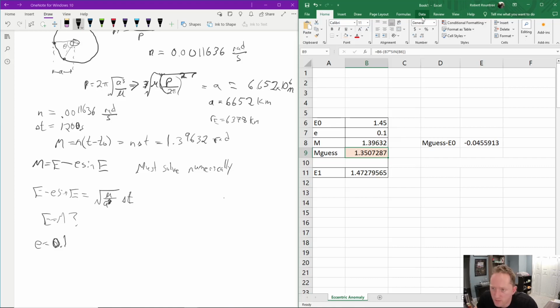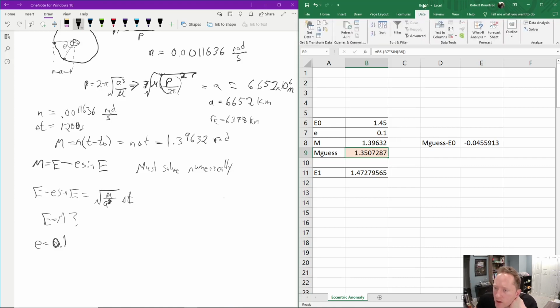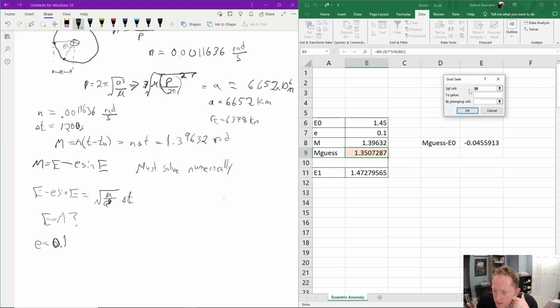So this is Excel 2019, but I believe it's the same if you have 365. So you go into Data, go to What-If Analysis, and then Goal Seek. All right, so set cell. We want to set cell B9, the M that we're guessing, to what value?